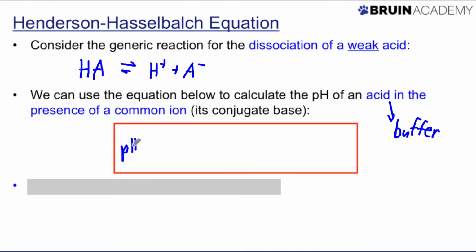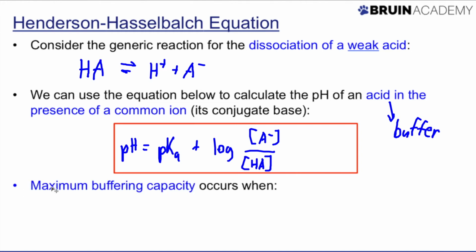You can calculate pH if you know the pKa, which is the minus log of the Ka, plus log of the conjugate base, A minus, all over the acid, HA. So this should work all the time. Depending on the problem, you'll have different unknowns. Maybe sometimes you're looking for a pH, maybe you're looking for the concentration of the conjugate base. You can always use this equation to solve for whatever it is you're looking for.